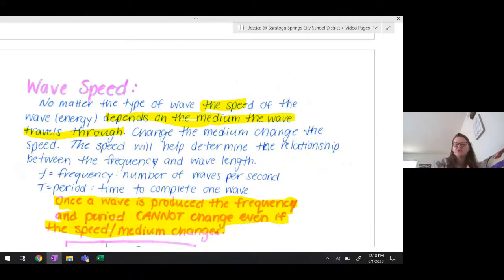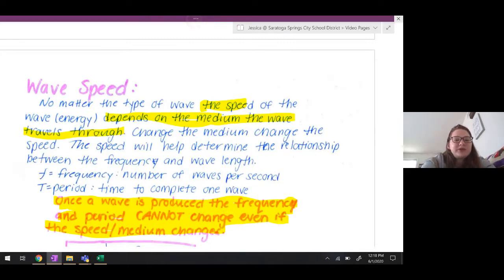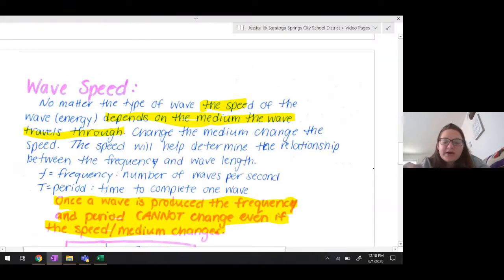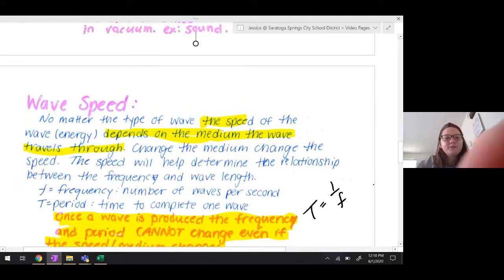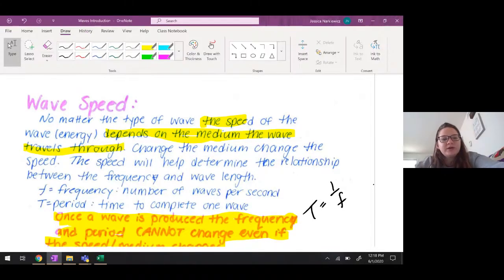So that's not going to change. Frequency and period cannot change because remember, frequency and period are related to one another with the equation T equals 1 over F.